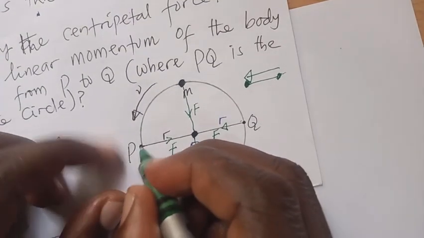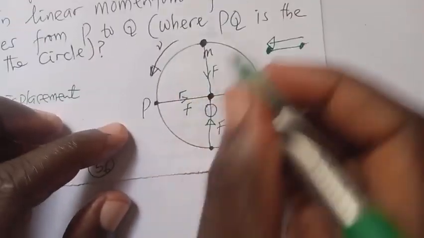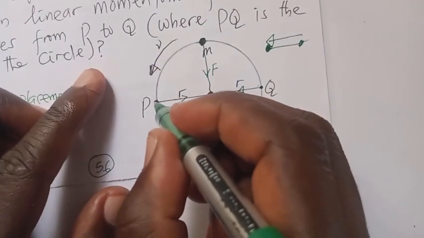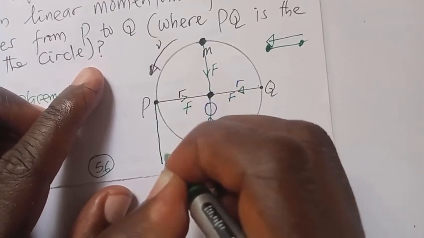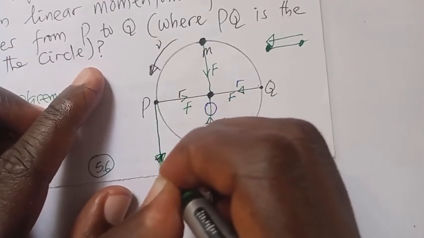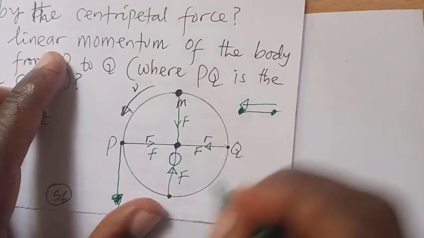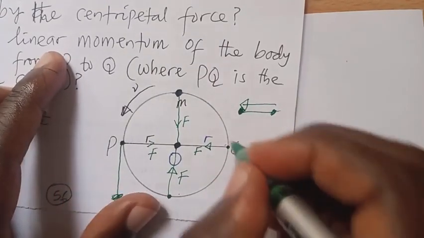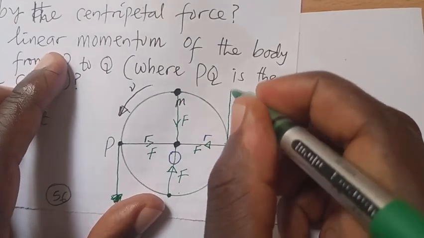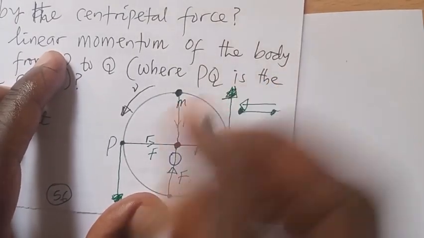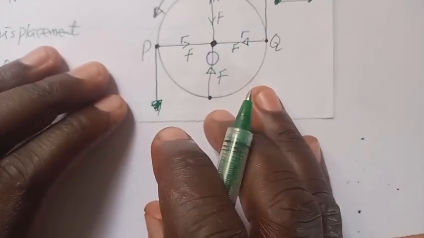When it is at P, since the motion is in this direction, its velocity is in this direction, downward. And then it moves all the way to Q, where the velocity is in the opposite direction.